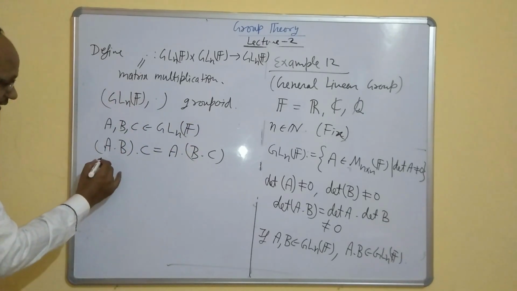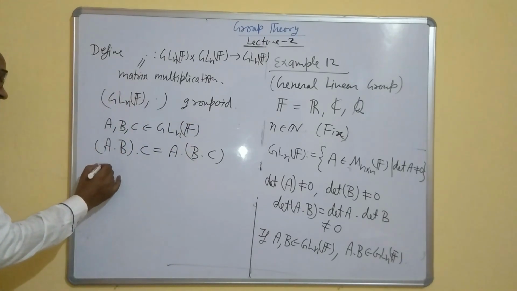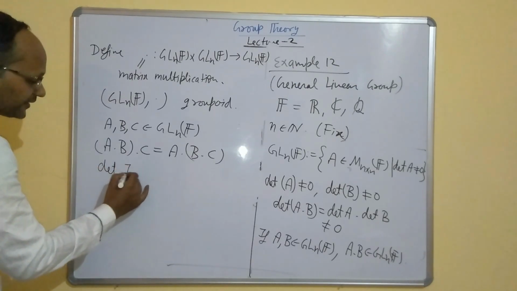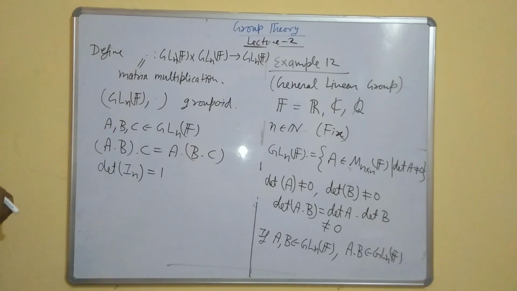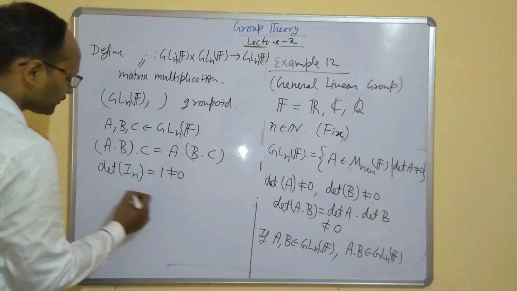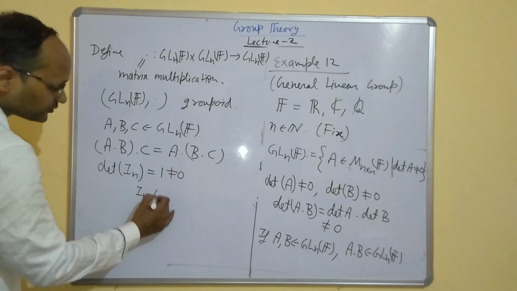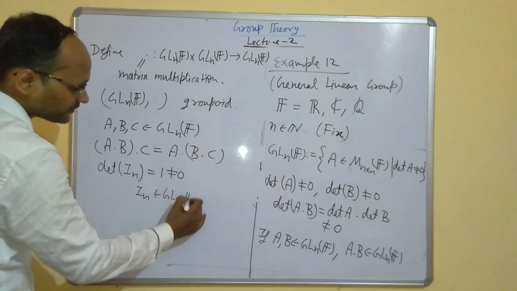Now, the determinant of the n cross n identity matrix is 1, which is not equal to 0. So this identity matrix belongs to GL_n(F).